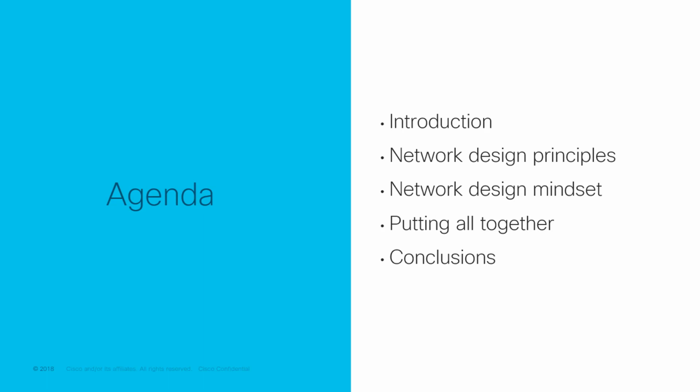This proposal needs to fit what the needs of our business and our customer are. So we are going to speak about these principles, the mindset, and then put everything together. We have a couple of scenarios tailored for this session. We're going to discuss them briefly to give you a hint at how we can analyze this information and how to approach them.